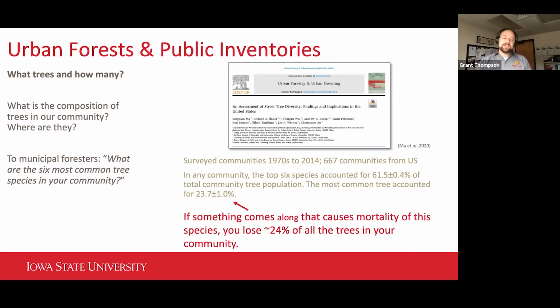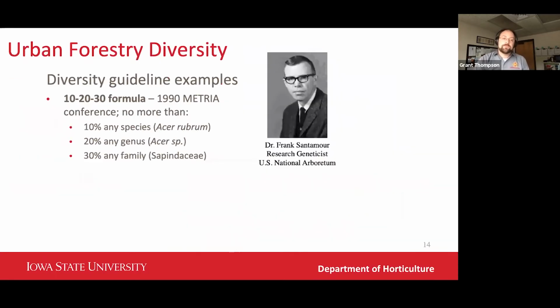So that really does mean that if something comes along, emerald ash borer, a strong wind, and these are weak wooded trees, whatever the case is, if something comes along and affects that single species, we're losing 24% of our trees in our community. So certainly this is a big risk.